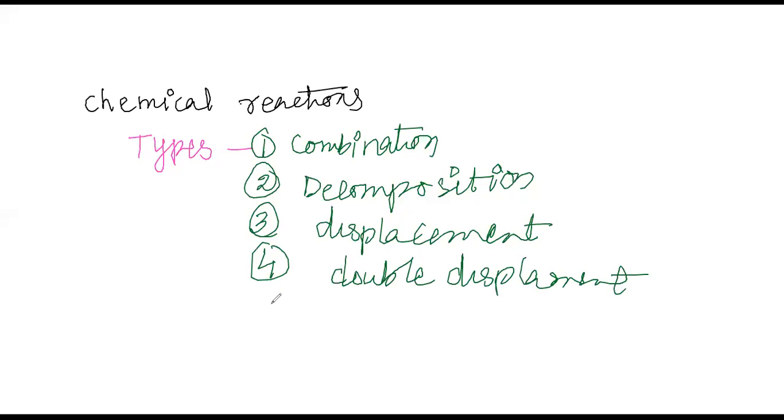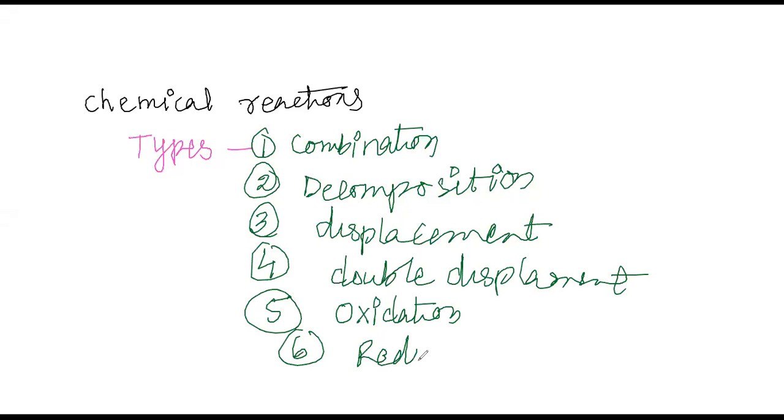Then, my dear students, fifth one. Oxidation and reduction. Very good. Oxidation. Then we may have reduction. Sir, endothermic exothermic reaction. Yes, beta. Definitely you are right. Seventh one, we have redox reaction.